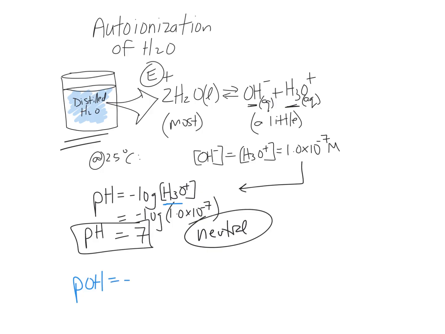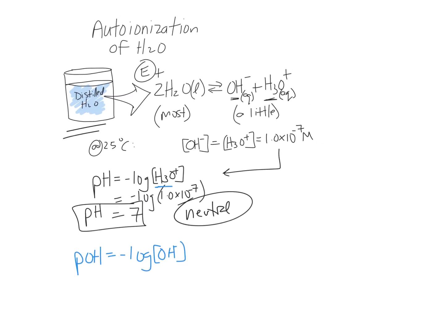So pOH is the negative log of the hydroxide concentration. So we tend to use this more when we're talking about bases, but we can use it for neutral water. And of course, for neutral water, we're going to end up getting the exact same value of 7 that we got for pH. Okay, so the pOH is also 7 for pure water.